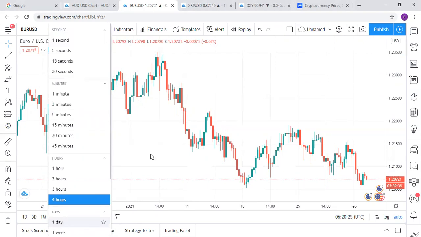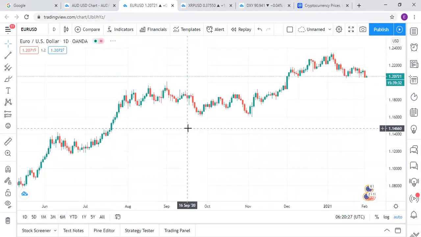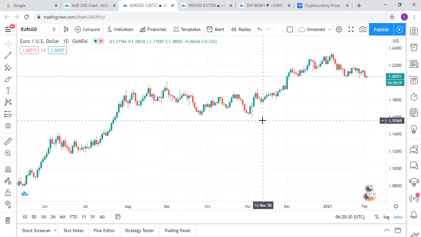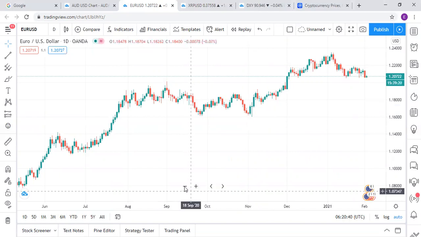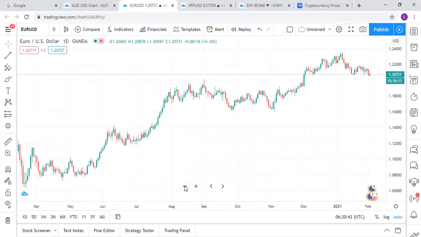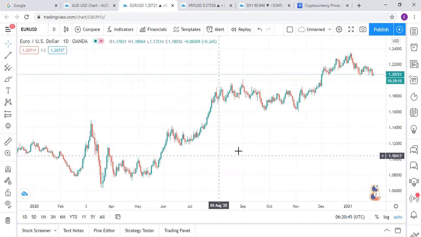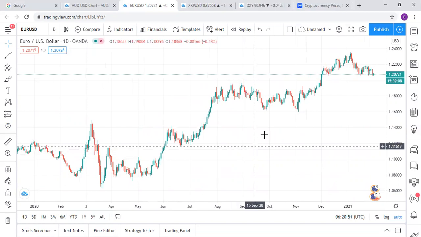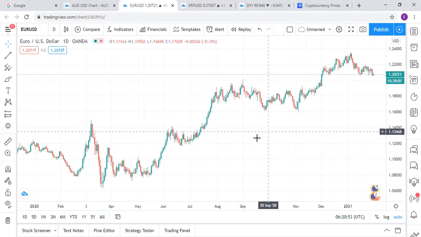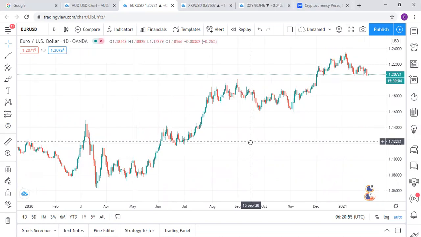The reason I do that is to know the real trend of the market. It gives me a better outlook of what is going on in the market. Is it an uptrend? Is it a downtrend at the higher time frame? When I get to know that, it gives me an idea of what to be looking out for and what to trade.